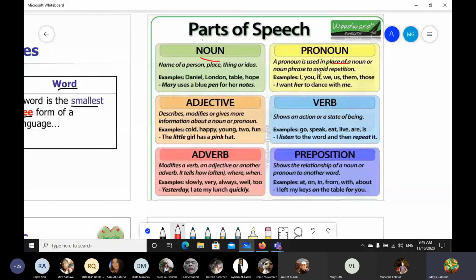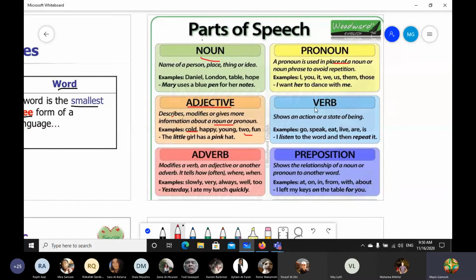We have the adjective, and it modifies or describes, or gives more information about a noun or a pronoun, such as cold, happy, fun, and we'll talk about them in detail in our next class.